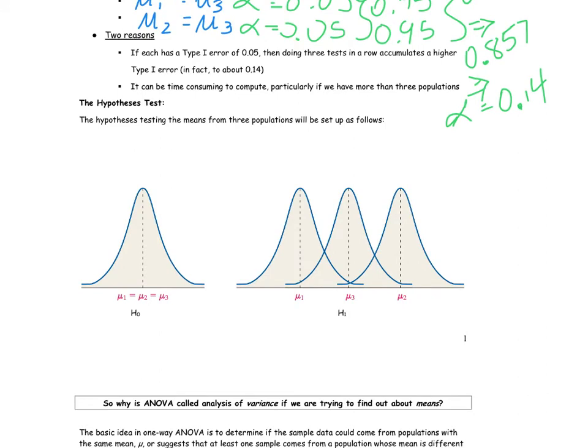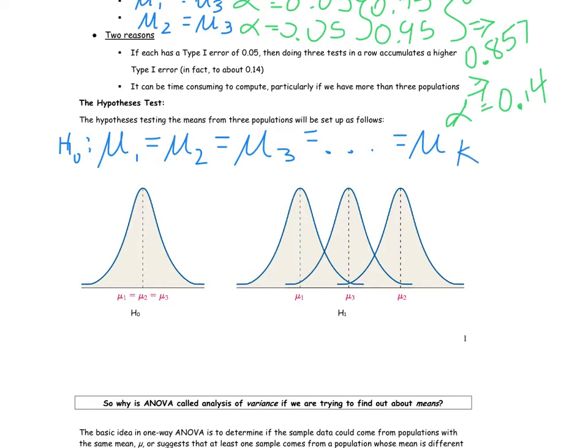Again, we're dealing with 3 or more populations, so this is what our null hypothesis is going to look like. The null is that the first mean is equal to the second, is equal to the third. And then we could have more populations. For instance, if we had k populations, then we would go up to mu sub k.